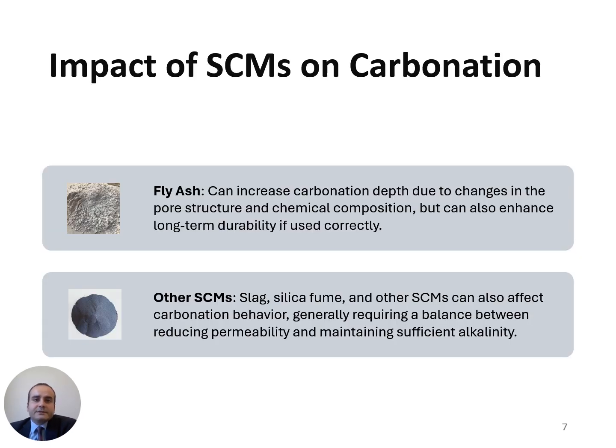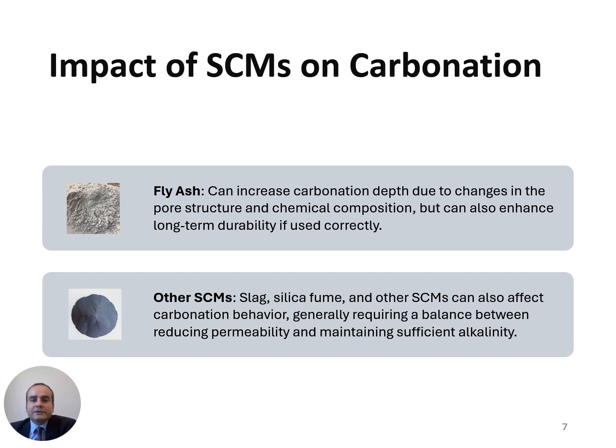Some supplementary cementitious materials such as fly ash can reduce the carbonation resistance of concrete, primarily due to their lower calcium hydroxide content compared to ordinary Portland cement. This lower calcium hydroxide content leads to a reduced pH level in the concrete, making it more susceptible to carbonation.